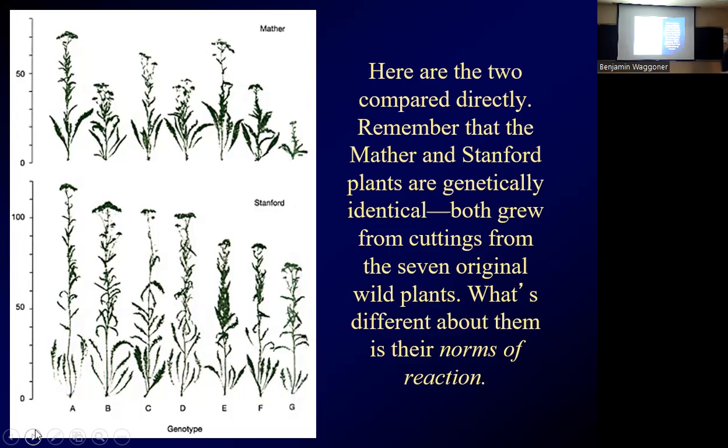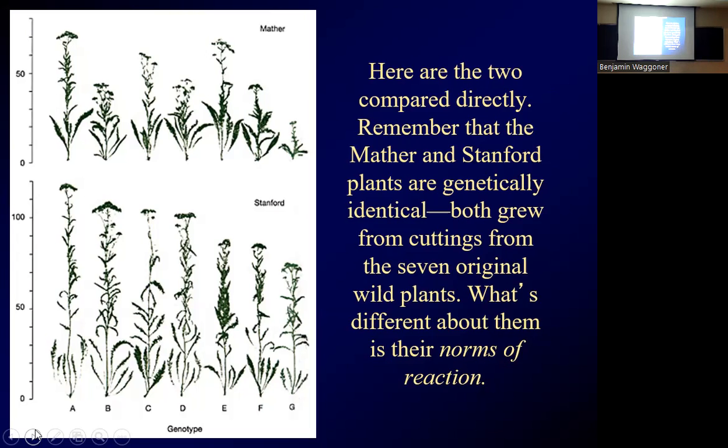So, you know, if that plant is genetically identical to that one, that one's identical to that one, and so on. And remember that every plant at Mather and every plant at Stanford are grown in identical environmental conditions. What's making these plants different is their norms of reaction.